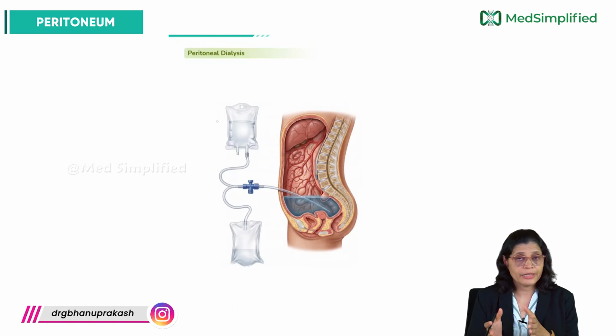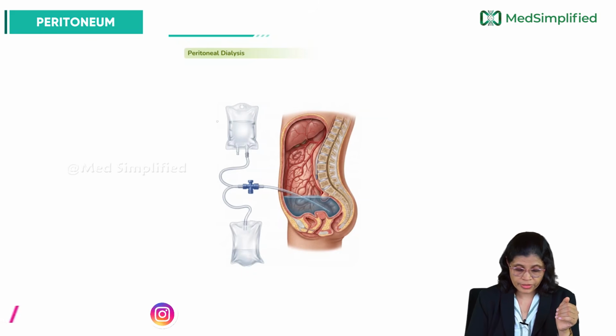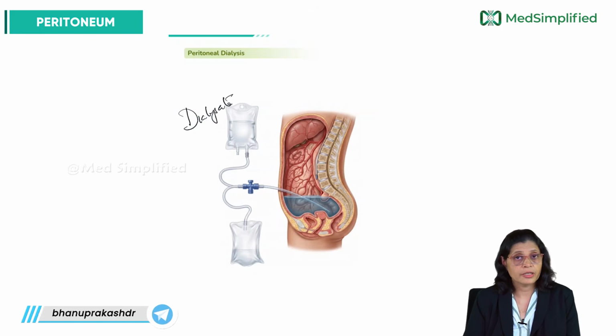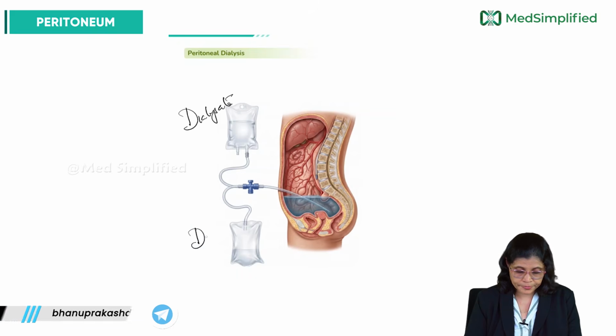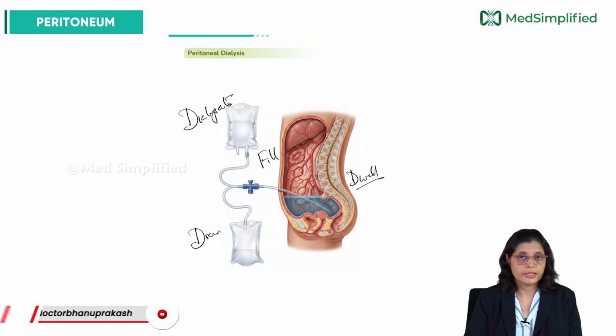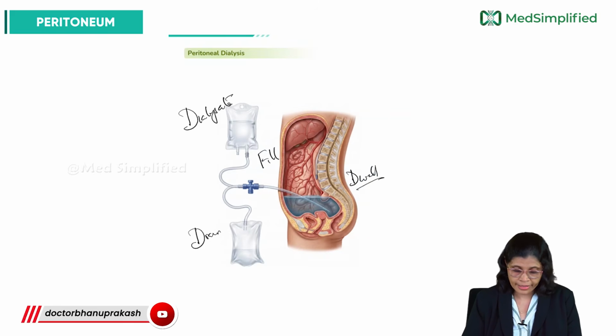It is allowed to dwell there for some time, and when all the waste products are removed, it is drained. So fill, dwell, drain. This is what is done in peritoneal dialysis.